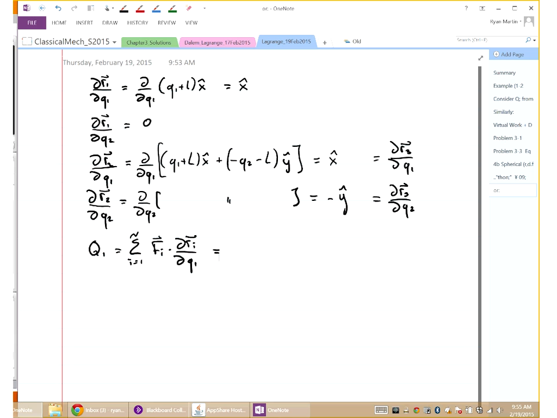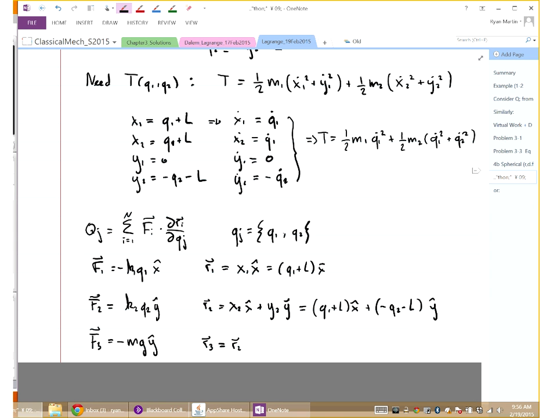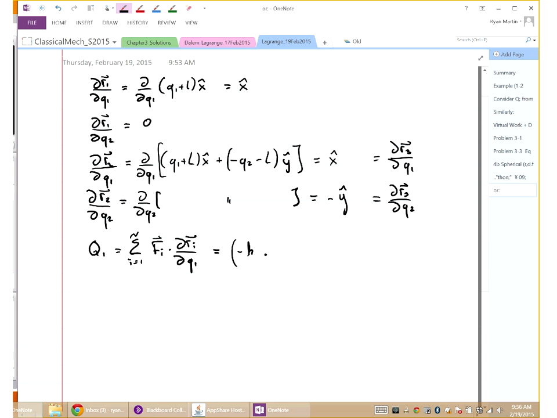So there's 3 of them. So let's write out explicitly. So the first term is F1. So F1 is minus KQ1 x hat, dotted with ∂R1/∂Q1. So that's x hat.